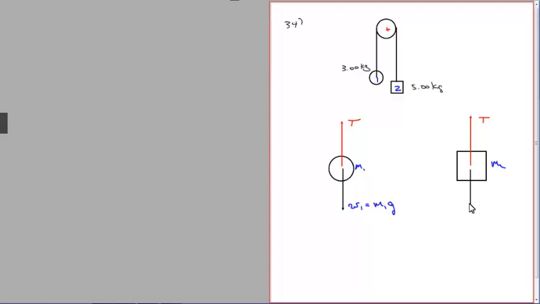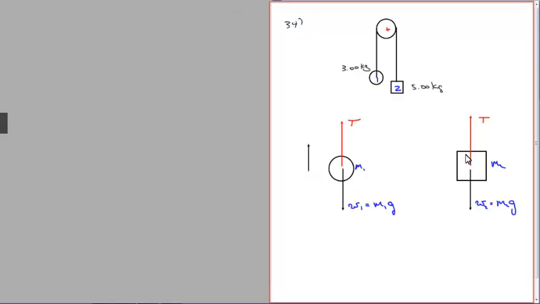The weight pulling down is always equal to the mass times acceleration due to gravity. And W2 is equal to M2 times g, g being 9.8 meters per second squared, g being positive.